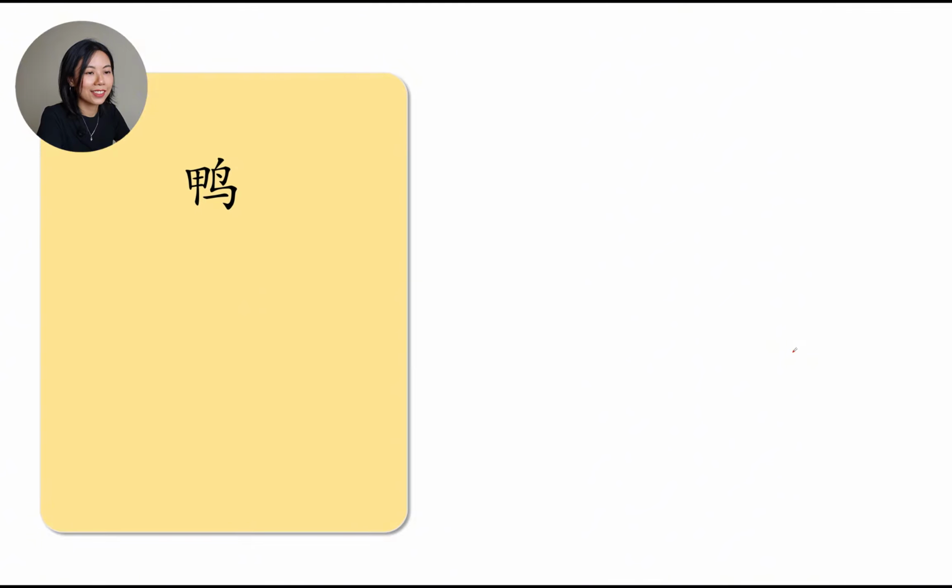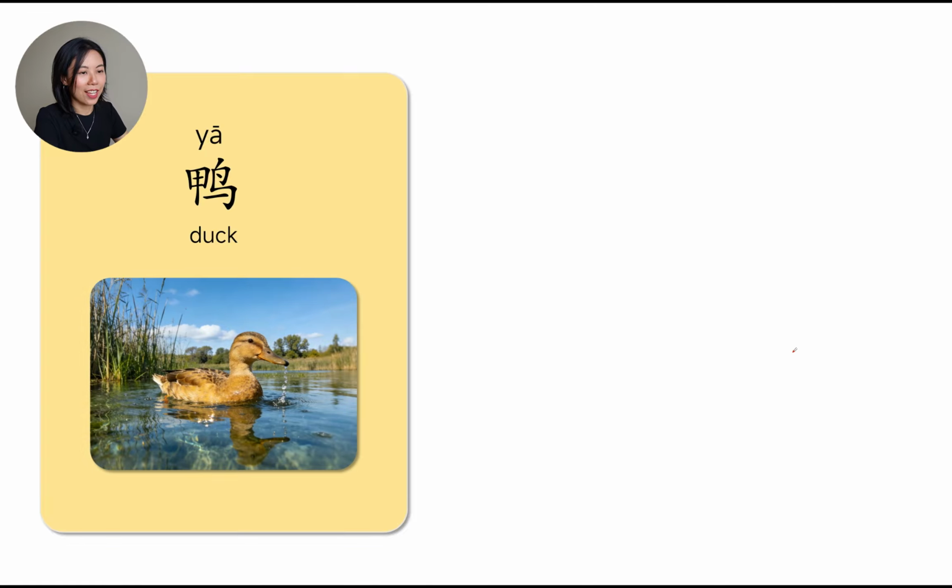下一个鸭 is a duck. You can see on the right side of the 鸭, it also shares the bird radical. As for the left side, this is 甲, which serves as a sound radical. It gives the a sound to the 鸭. That's it. Okay?